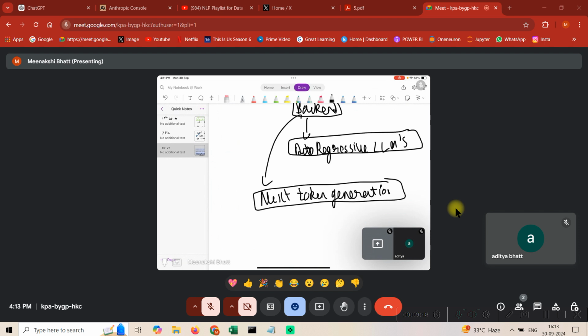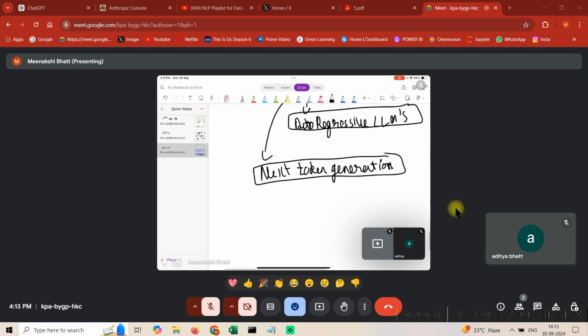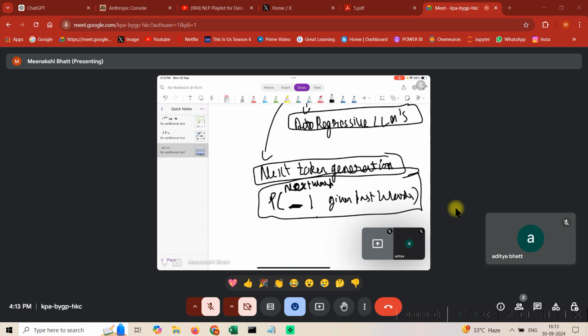In simple terms, it's like what is the probability of the next token, the next word, given past words. So it is computing the probability, but it doesn't compute it the way discriminant models do.